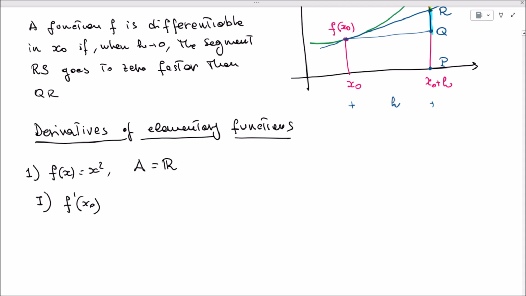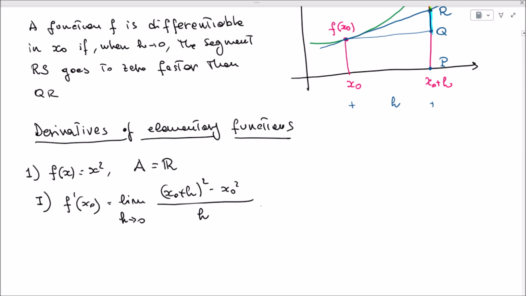Of course x naught can be any real number, and this is equal to the limit as h goes to 0 of the difference quotient, which in this case becomes x naught plus h squared minus x naught squared, all divided by h.